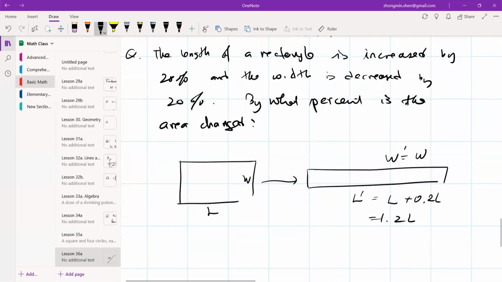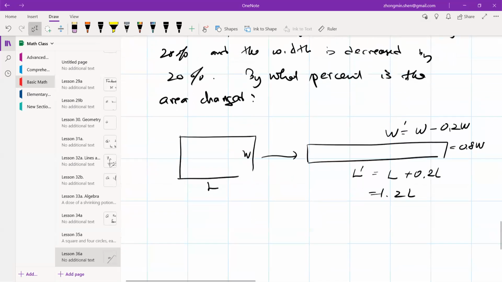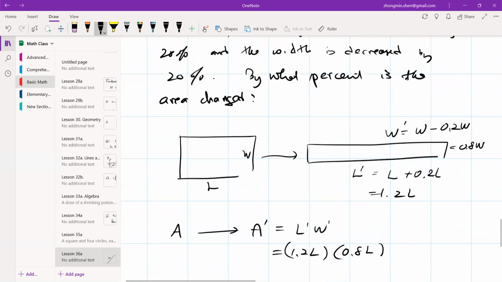So original width minus 0.2 W, which is going to be 0.8 W of the original one, right? Decreased by 20%. So the decreasing part is 0.2 times W. So the area is changed to A prime, which is going to be L prime times W prime, right? L prime is 1.2 L, W prime is 0.8 W, okay?